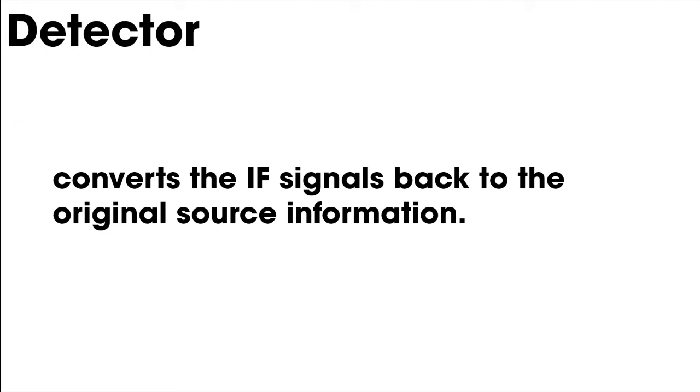Let us recall that in the modulation part, you have a message signal here, and then you modulate it through your modulator, and then you pass it through a carrier frequency of a higher frequency. And then the output is the AM.